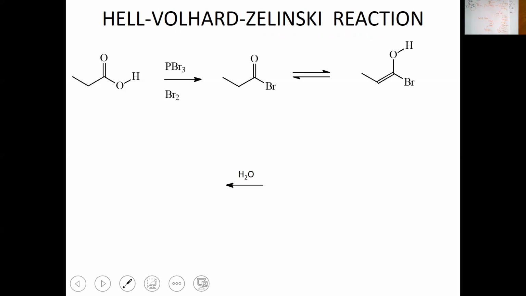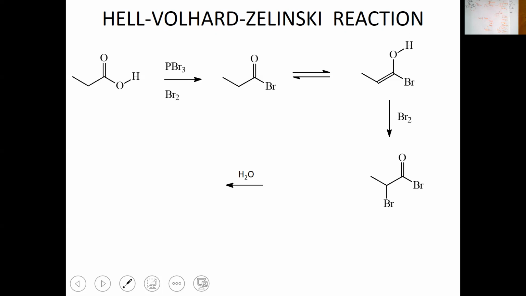Nah, but is there a small amount that exists? Yeah. So because this reaction is not run in base, it's the enol tautomer that acts as the nucleophile. That nucleophile then attacks Br2 to end up with an alpha bromide like that.